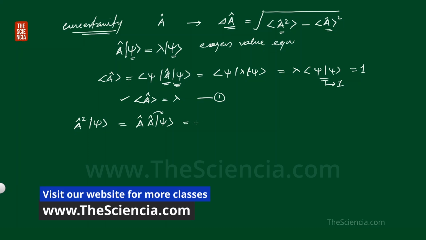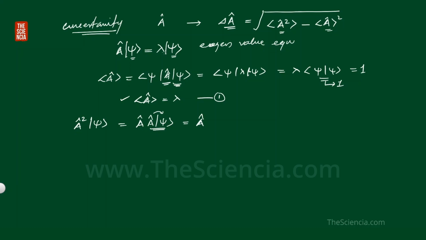So when A acts on psi, we get lambda ket psi. Now again, lambda we can take outside, so operator A into ket psi. Now again this will operate on this one. That is lambda into lambda ket psi. That is, we got lambda square ket psi.